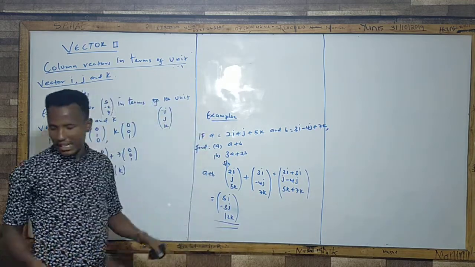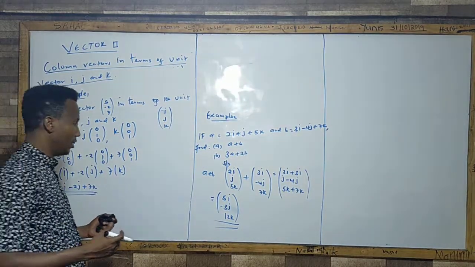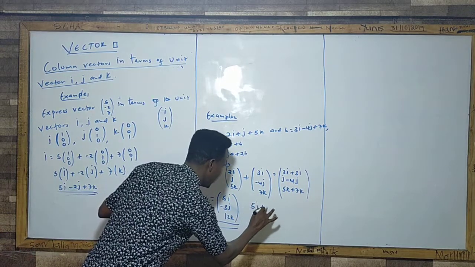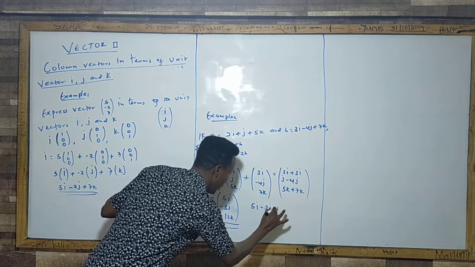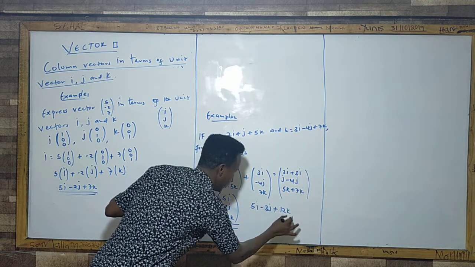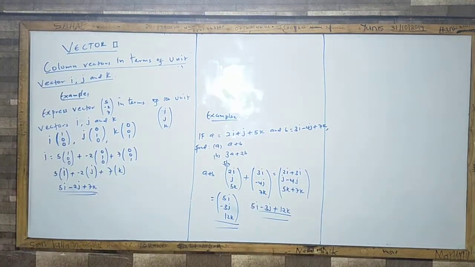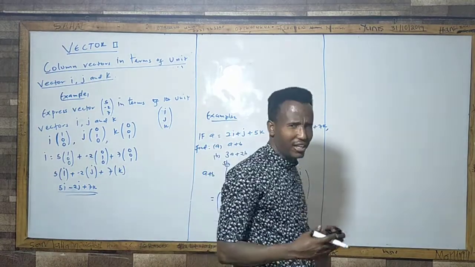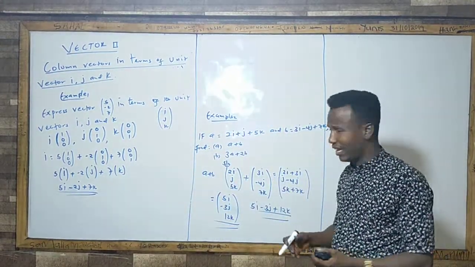You can leave your answer in column, or you can leave your answer in just a horizontal manner. You can say 5i, not plus, minus 3j plus 12k, okay. This is how you're going to solve, guys. Just understand, it is very, very easy. I don't know why people are saying vector form is hard. It's not hard. Who say that mathematics in high school is hard? It's not hard.